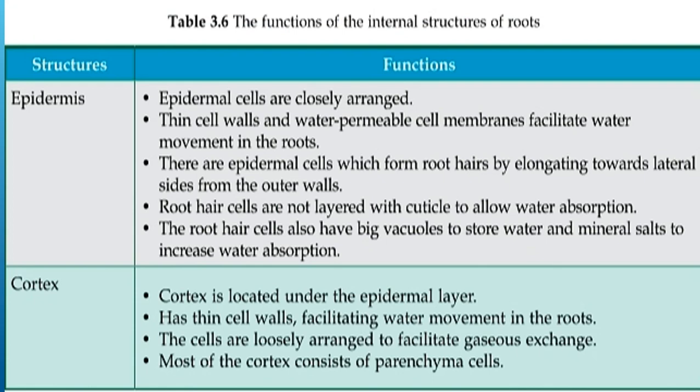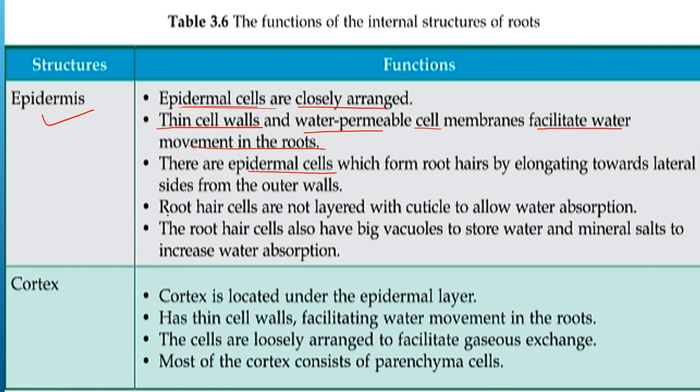So kita pergi satu-satu. Epidermis structure dia adalah epidermal cells closely arranged. And then dia punya cell wall thin, water permeable cell. So dia akan facilitate water movement in the roots lah. There are epidermal cells which form root hairs by elongating towards the lateral side from the outer walls.